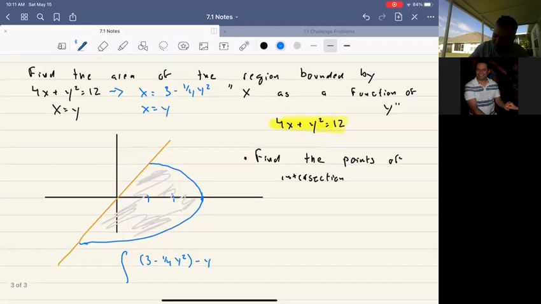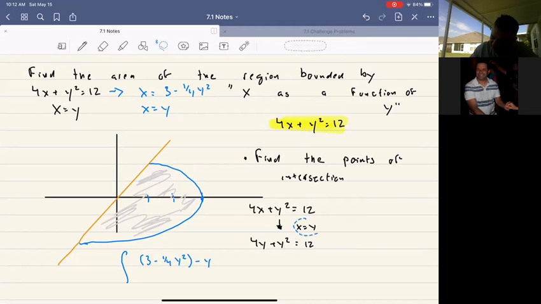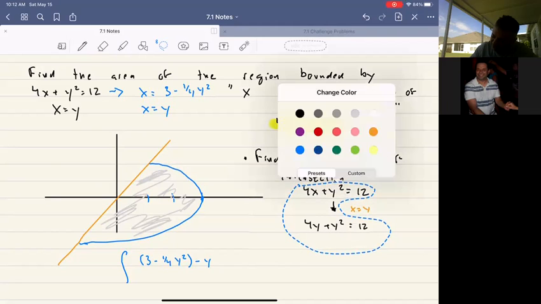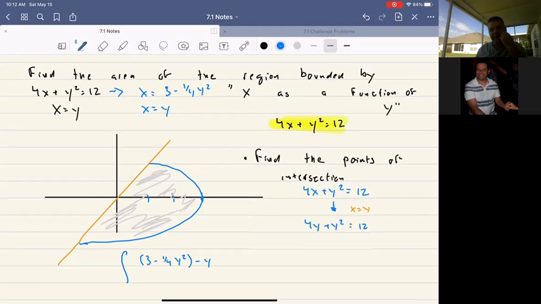So let's say, I'm actually going to do it by saying 4x plus y squared equals 12. And I'm going to input x equals y in there. Okay, so I'm going to get 4y plus y squared equals 12. Okay, I can factor out a y.